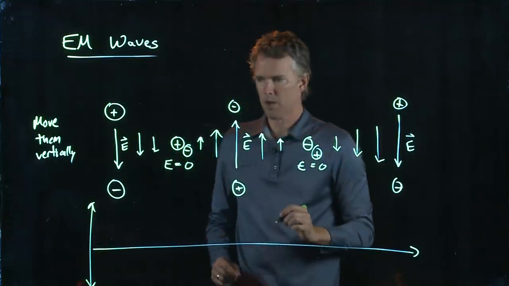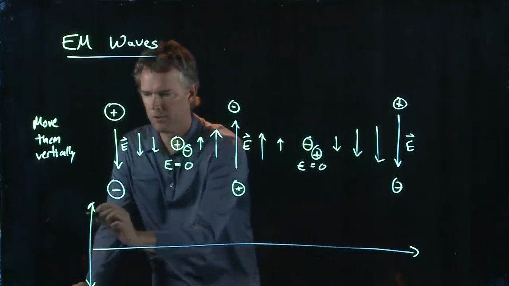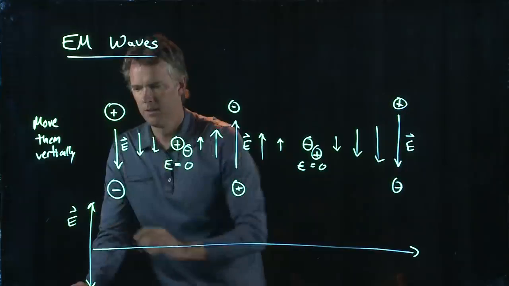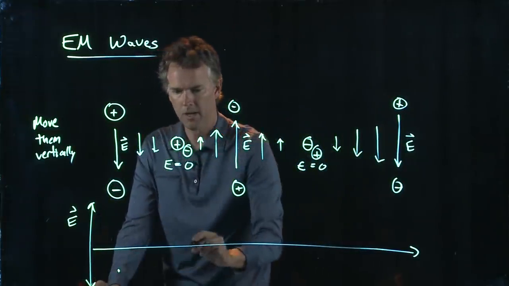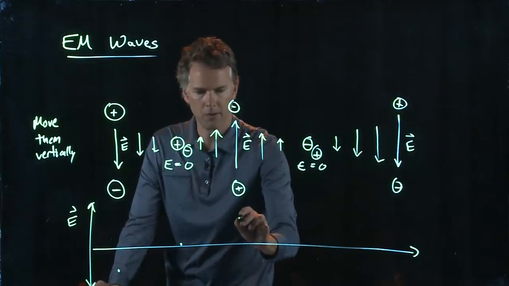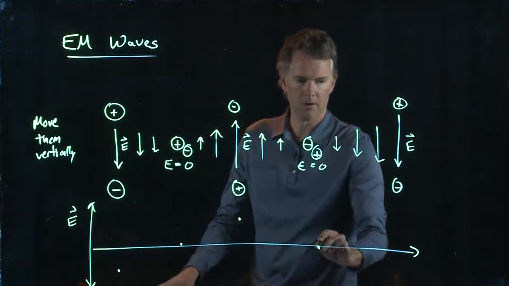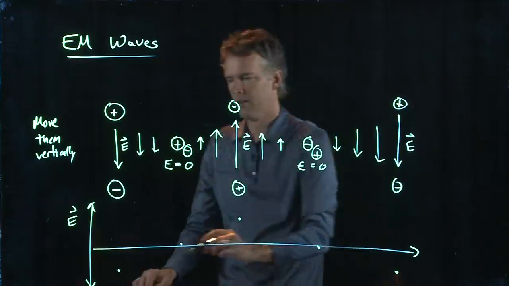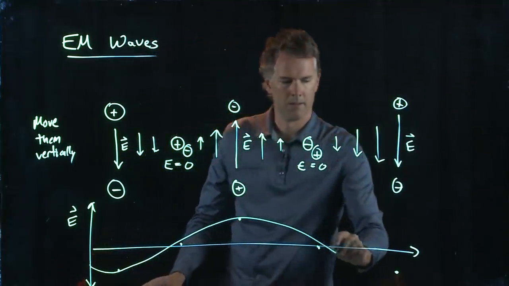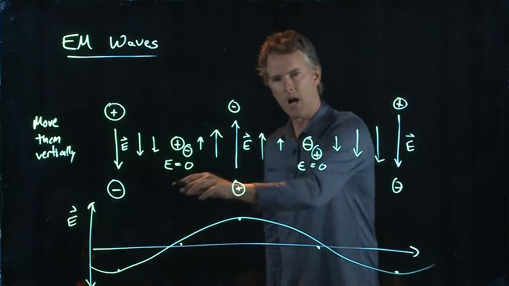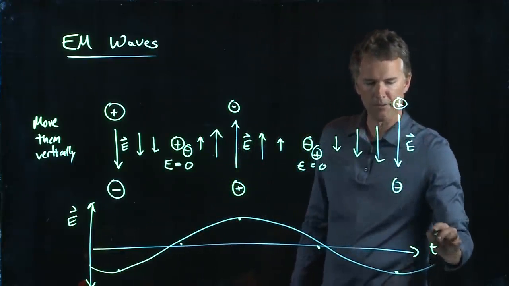If I think about drawing the electric field as a function of time now, what can I say? Here it was negative, so it's some negative value. Here it was zero. Here it was positive. Here it was zero. Here it was negative. And so it's going to look something like this. It oscillates up and down as a function of time.